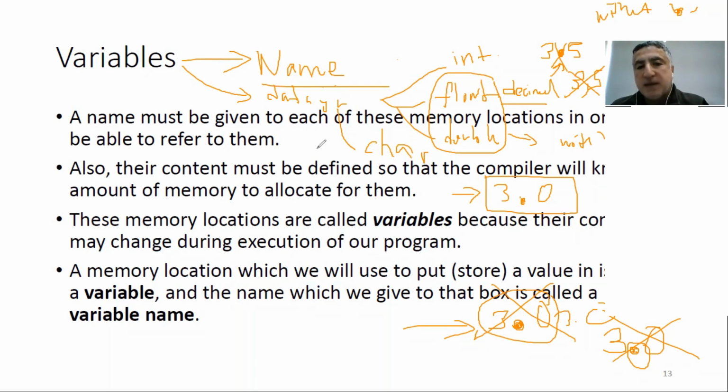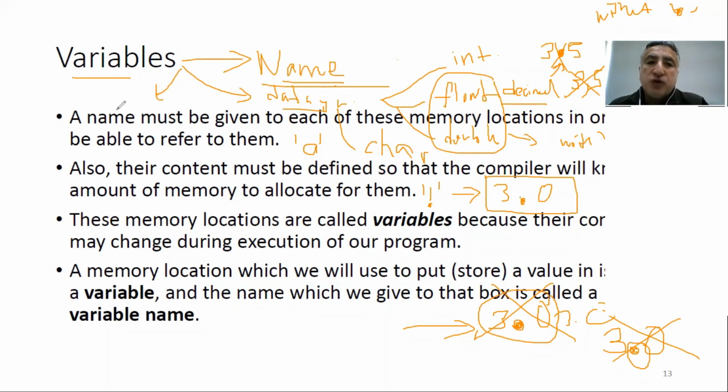A character is basically one symbol. A is a character, or the exclamation mark is another character, and it goes like that. I will explain more about data types, but the point here is that a variable should have a name and a data type, and more.